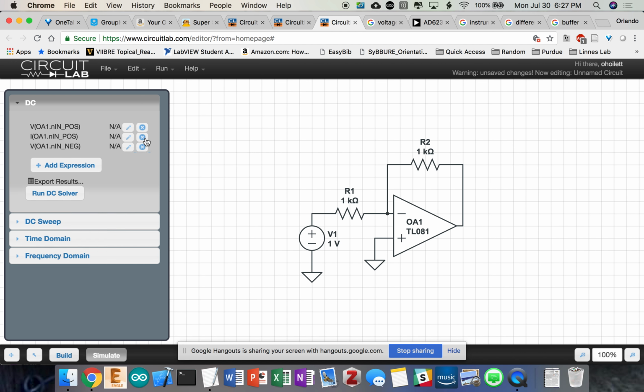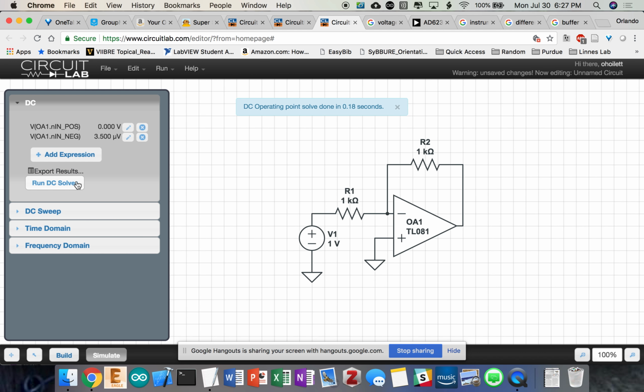So if I run this, you can see this is 0 volts, and this is 3.5 microvolts, which is pretty close to 0. So you're putting the positive voltage into the negative side of the amplifier? Yes. Is that the inverting part of it, or is that how an amplifier normally works?